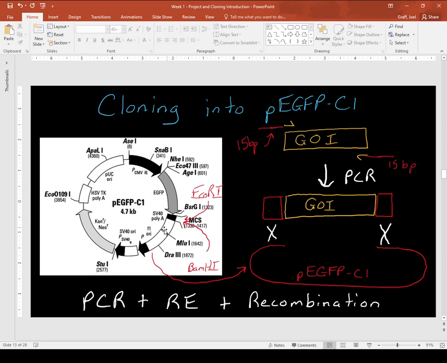But the multiple cloning site and everything else about the plasmids are identical, so we can do that subcloning thing that we talked about a few slides ago, where we can open up pEGFP C1, our mAzurite, cut our gene of interest out of pEGFP C1 and drop it into mAzurite.